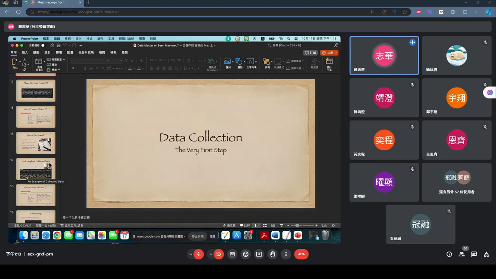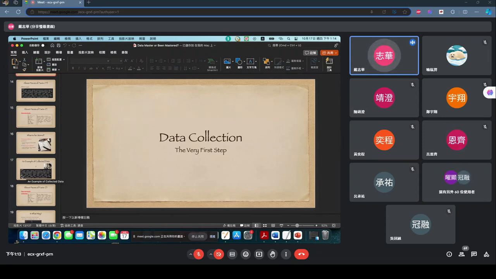And also, if we want to observe a specific object, or a certain relationship among different objects, then we need to make sure we get as much evidence, as many observations as possible in those things.